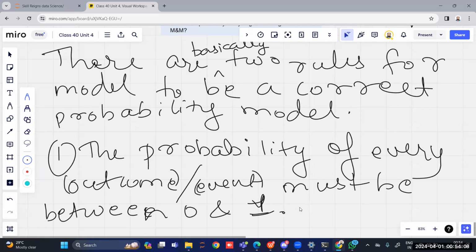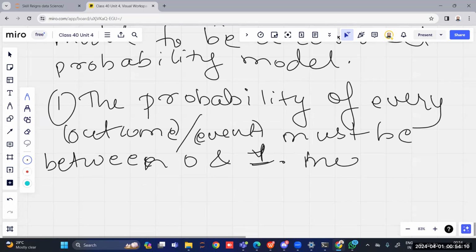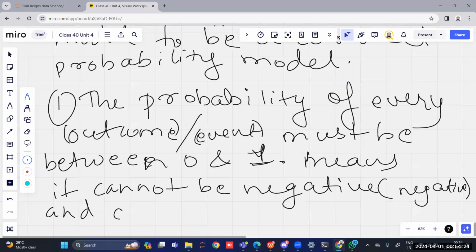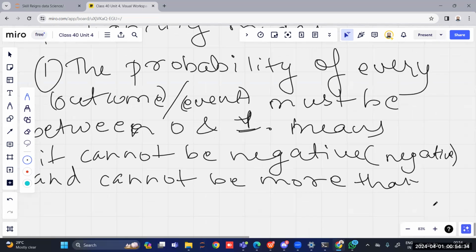It cannot be negative, meaning less than 0, and cannot be more than 1. For a specific event, it can be equal to 1, but it cannot be more than 1.